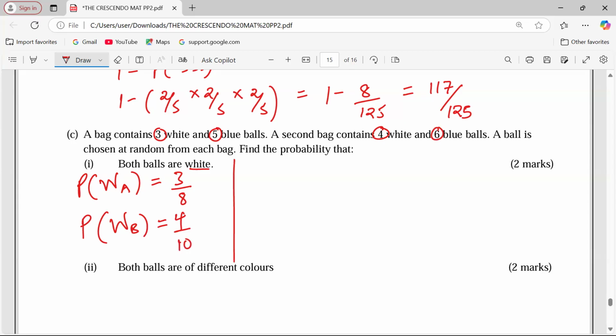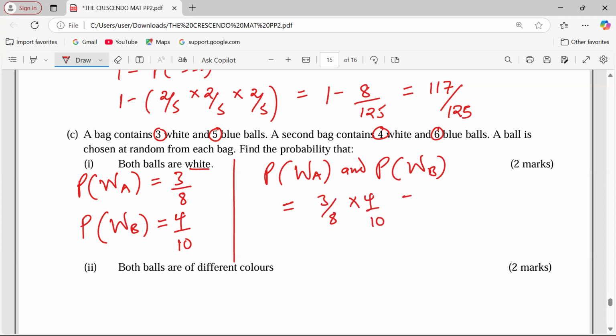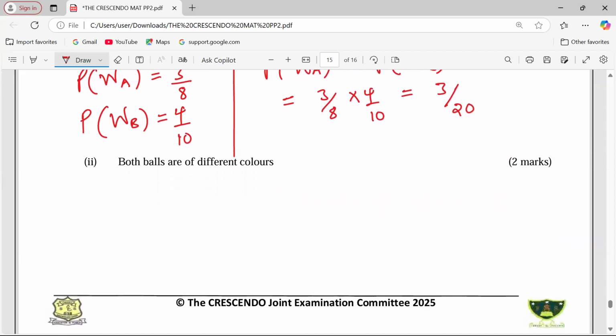So we need the probability that they are both white. So it's probability white from A and probability white from B. When we talk about and in probability, we're supposed to multiply. So 3 over 8 by 4 over 10. And this is going to simplify to 3 over 20. 3 out of 20.